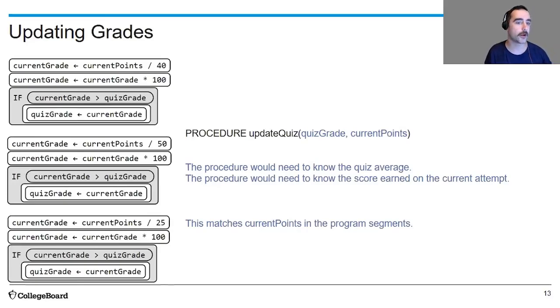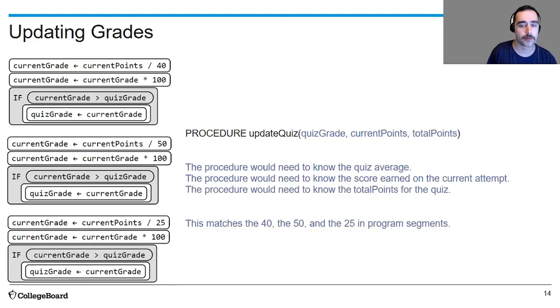We also need to know the current points on our final, like how many points the person scores. You'll notice that as well in each of the segments on the left. However, we also need to know how many points the quiz was out of.